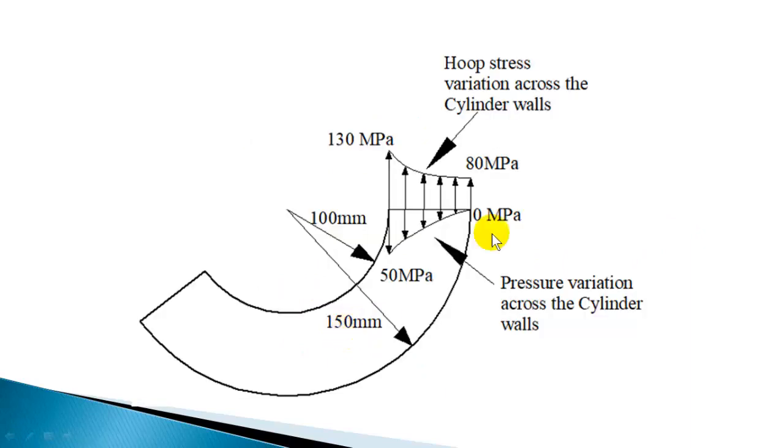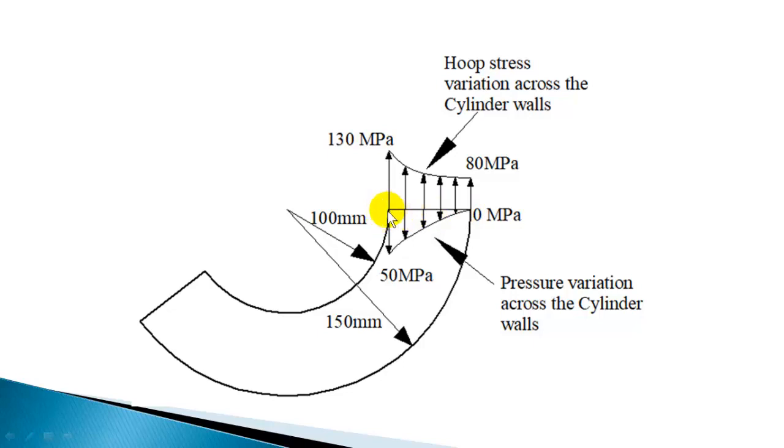Now you can plot the variation of hoop stress and radial pressure across the cylinder walls. So I have shown the inner radius Ri and outer radius R0, that is 100 mm and 150 mm. So this is the cylinder wall thickness, it's 50 mm thickness.